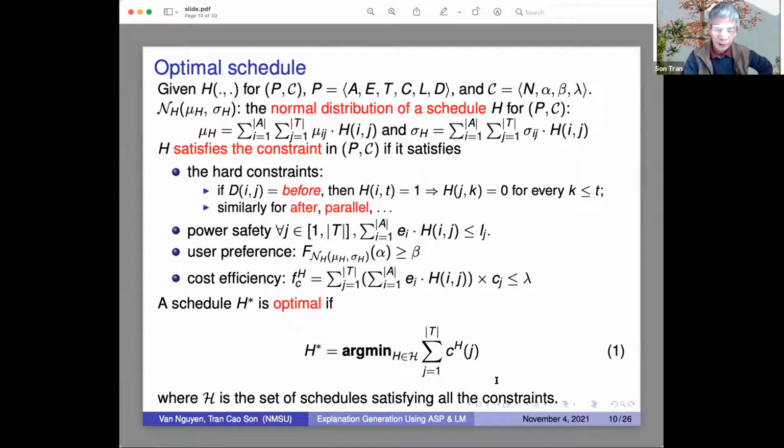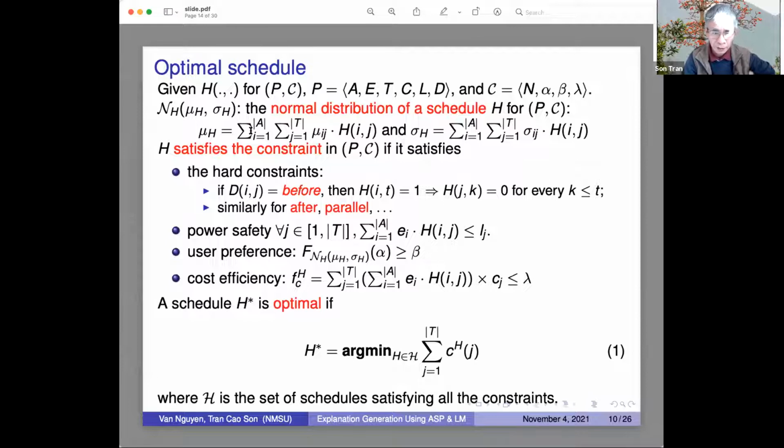So here, how do we define an optimal schedule? If we have a solution of this problem, we define a normal distribution for a schedule H given by this mean and this sigma, the mean and the standard deviation.